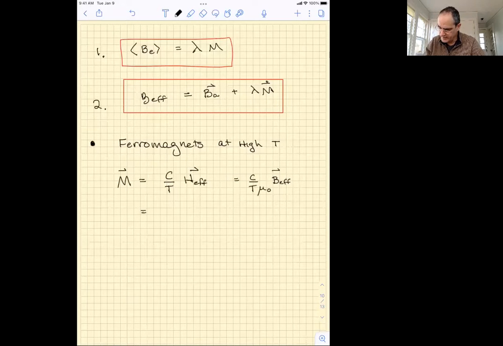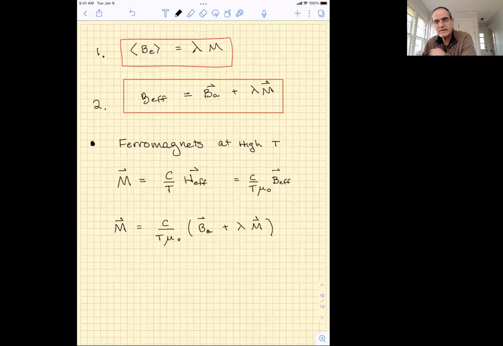And then we can use what we've learned to try to analyze this. Then the magnetization should be C over T mu naught times the actual applied field plus lambda times the magnetization.